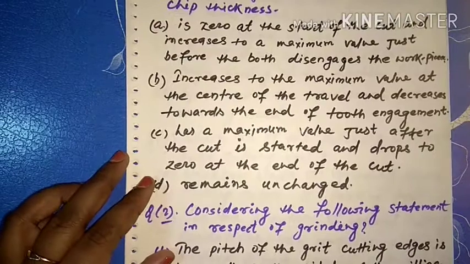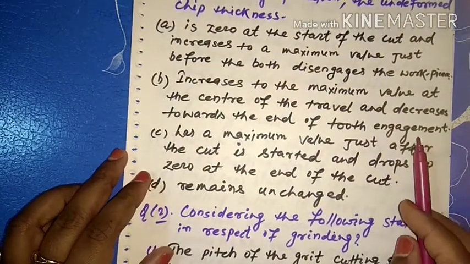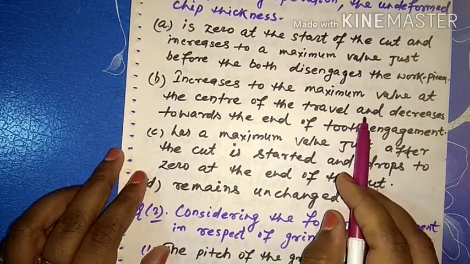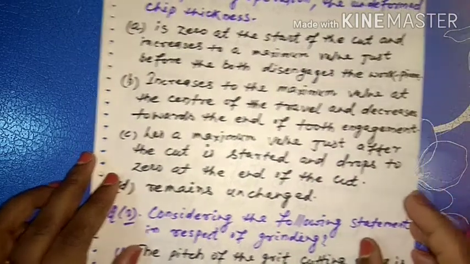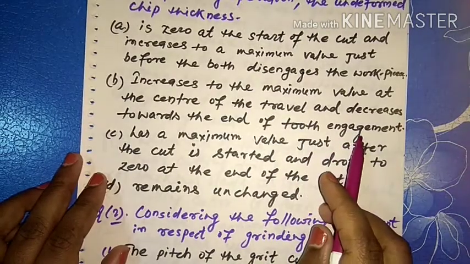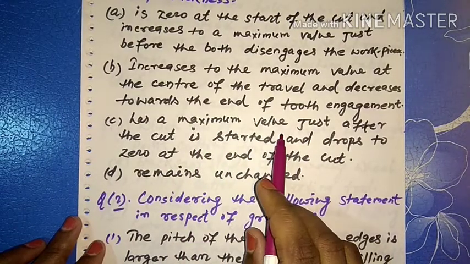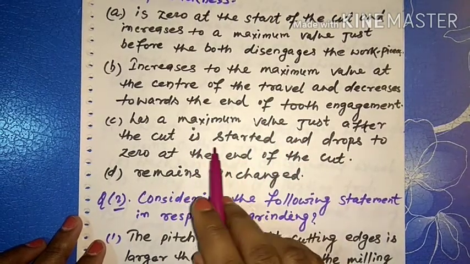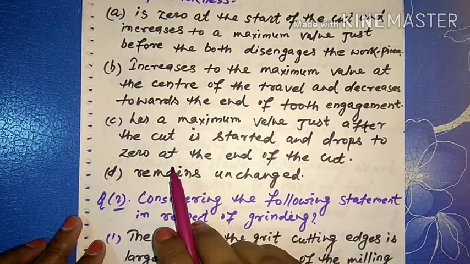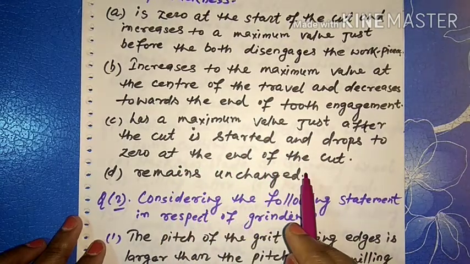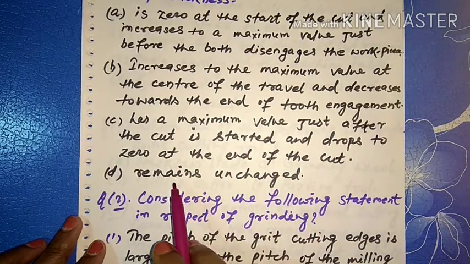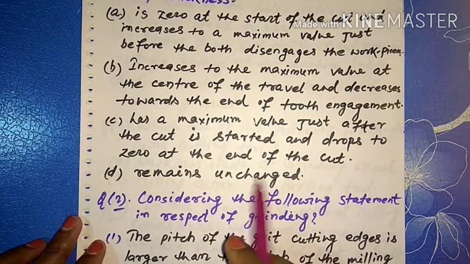Option B is increases the maximum value at the center of the travel and decreases towards the end of tooth engagement. Option C is has a maximum value just after the cut is started and drops to 0 at the end of the cut, and D option is remains unchanged.